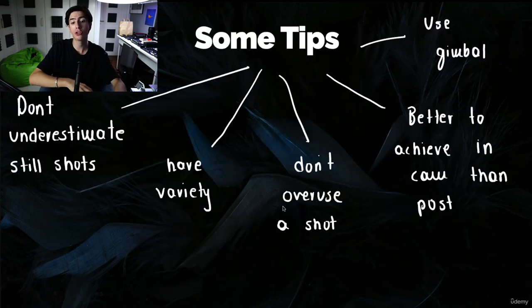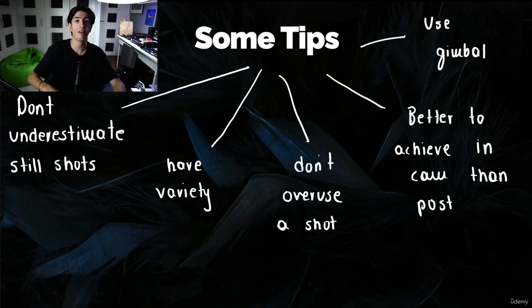Now I'm going to introduce you to some tips that you need to know to successfully perform the camera movements that we discussed in this lesson without having any problems in their implementation. First of all, you don't want to underestimate the power and the elegance of still shots, just having a camera on the tripod and recording an environment.